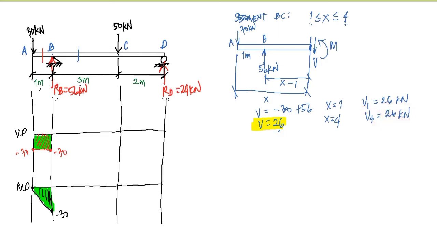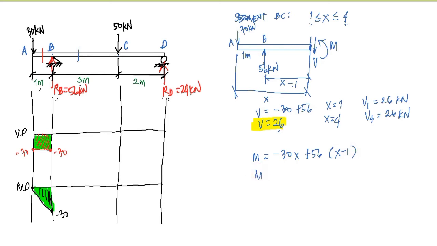So the shear at 4 is equal to 26 kilonewton. So for the moment, we have here moment is equal to this 30 here will create the counterclockwise rotation, so that's negative 30 multiplied by the distance x. And this 56 here will create a clockwise rotation, so we have here plus 56 multiplied by the moment arm, that is x minus 1.